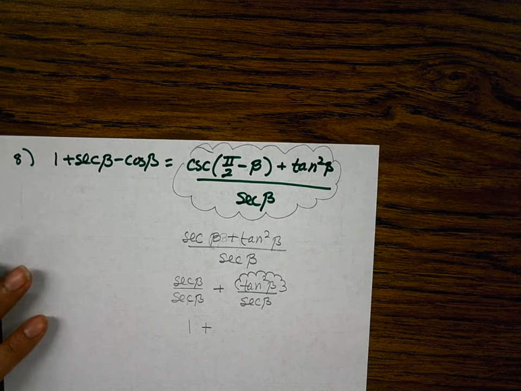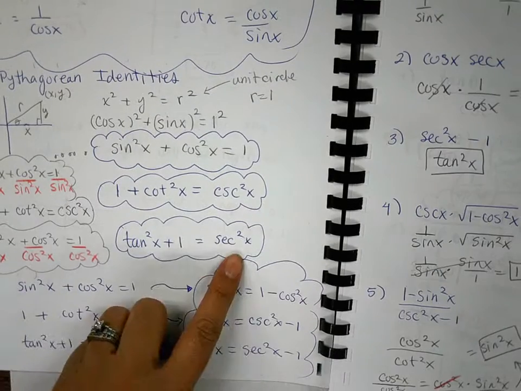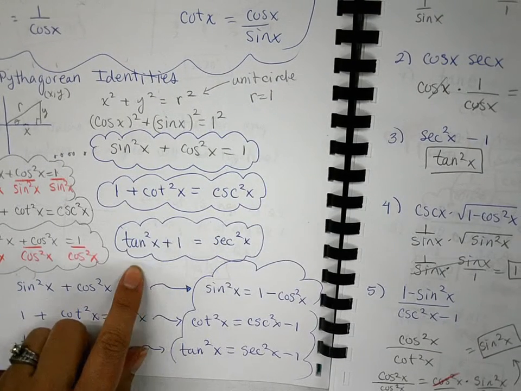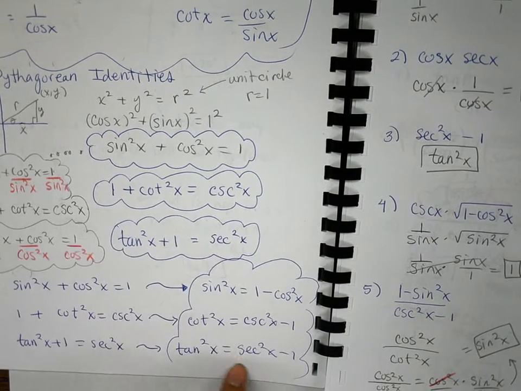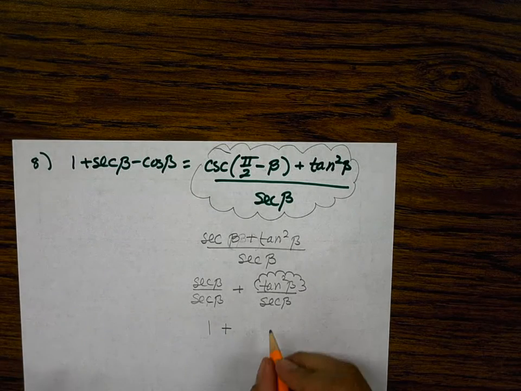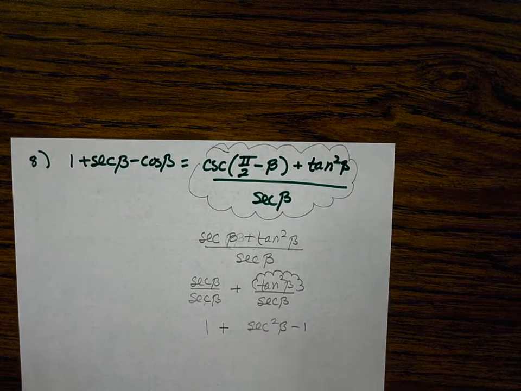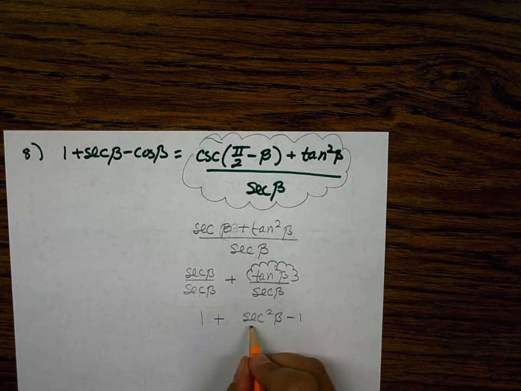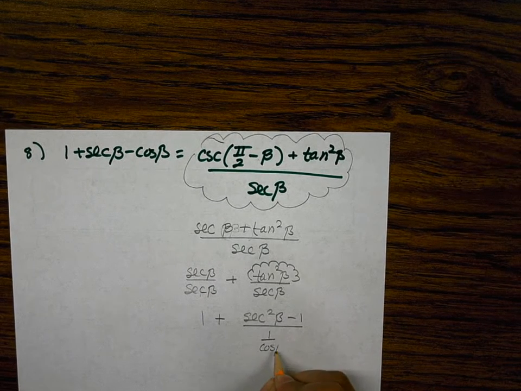And again, when you look at your Pythagorean identities, tangent squared is secant squared x minus 1. It's actually down here in the rewrite section. Secant squared beta minus 1 over secant is 1 over cosine beta.